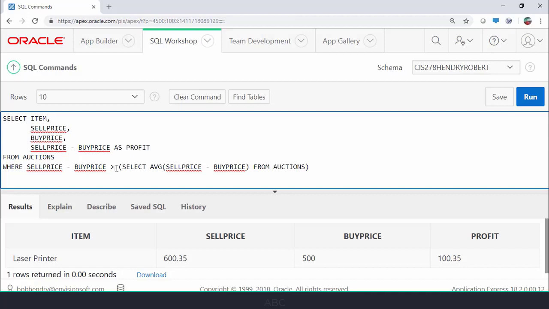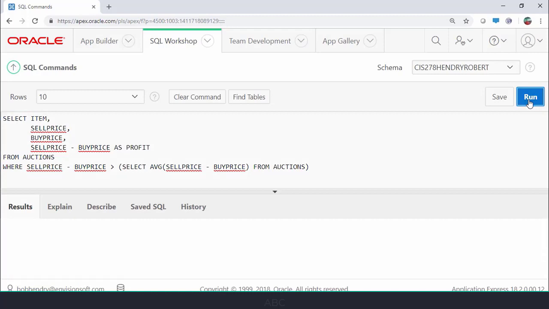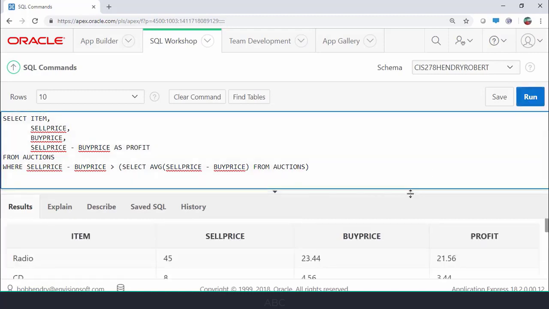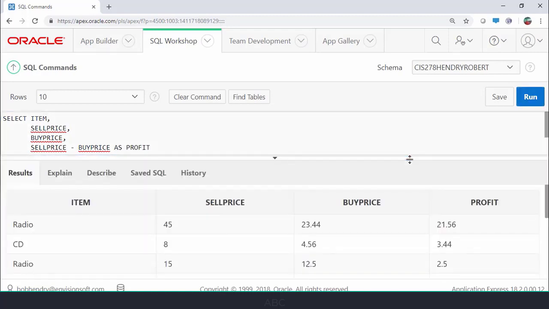So this will show me all of my items that sold for an above average profit. Again, this remains the same. This is my profit, and this shows me what my average profit was. So let me select run, and there we go. All of my items that sold for an above average profit.